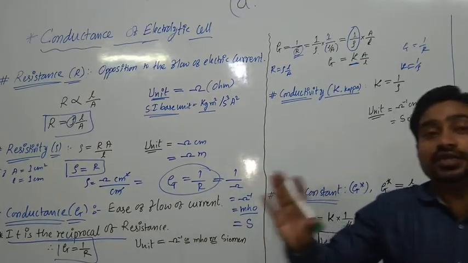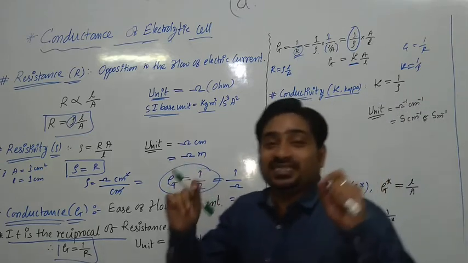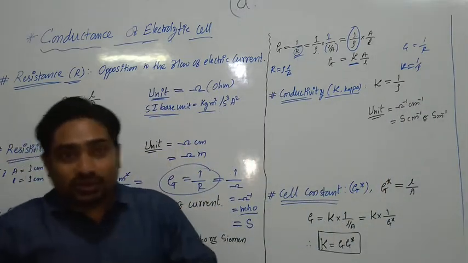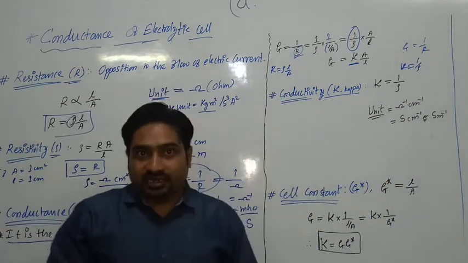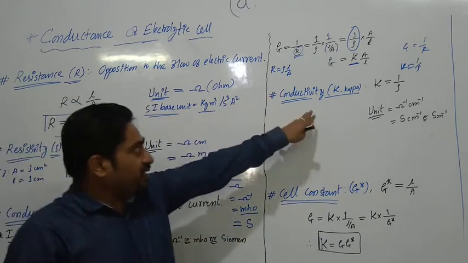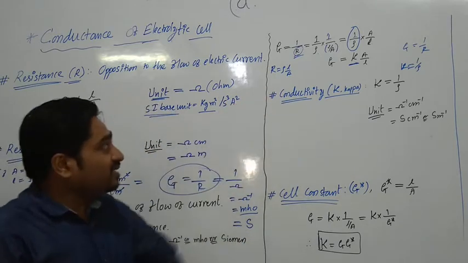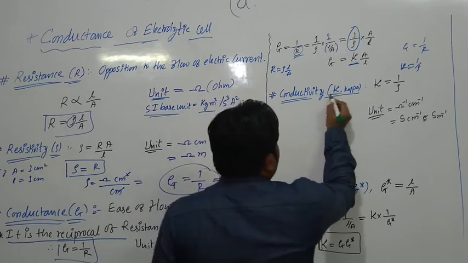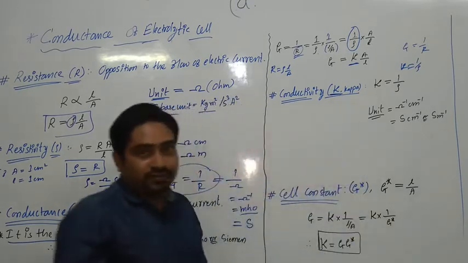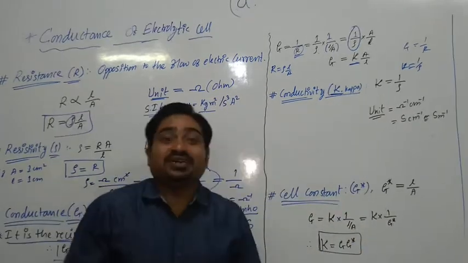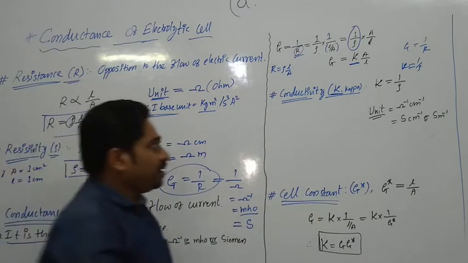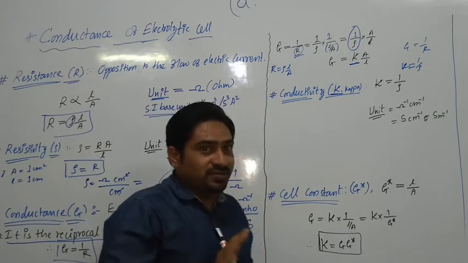According to IUPAC convention, it is more important to use the word conductivity rather than specific conductance. We have to use conductivity. It is symbolized by the Greek letter kappa. It is not K, it is the Greek alphabet kappa.